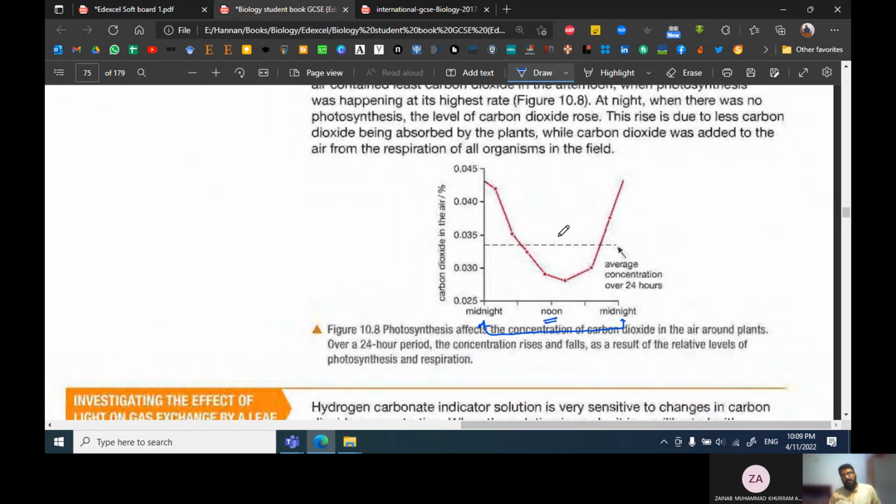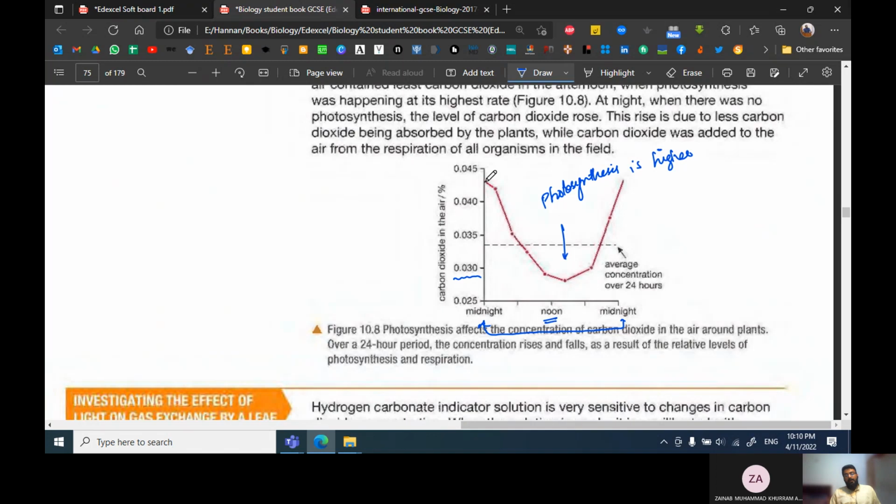The reason is the photosynthesis rate is higher at this time. And once it is higher, the carbon dioxide is used up during photosynthesis, or you can say that because the plant is constantly consuming the carbon dioxide from the environment, during the day the level of the carbon dioxide would fall to 0.030.